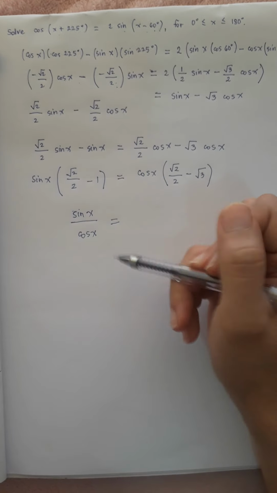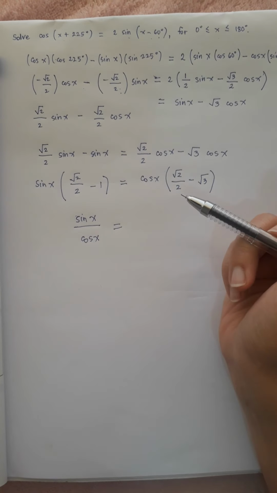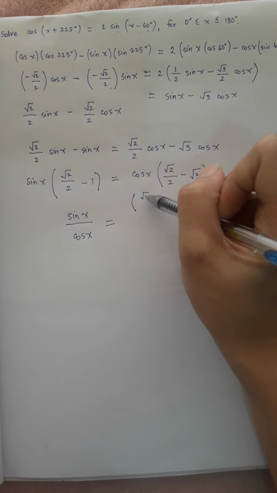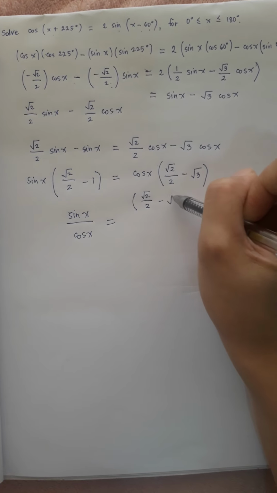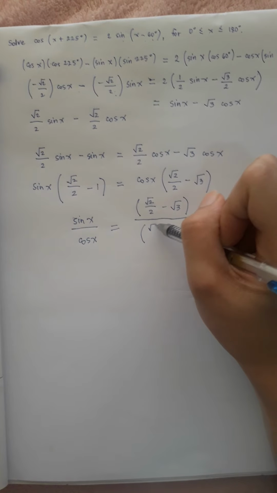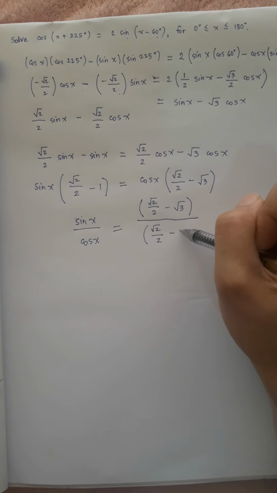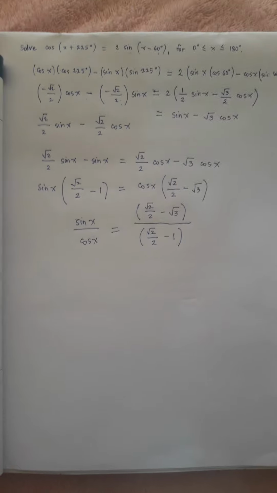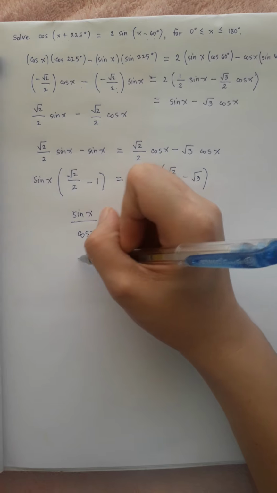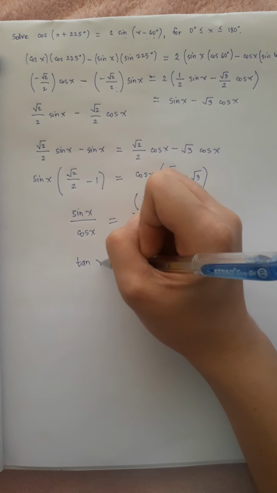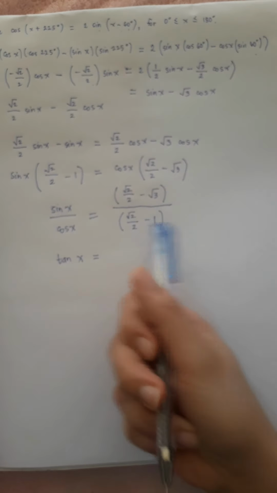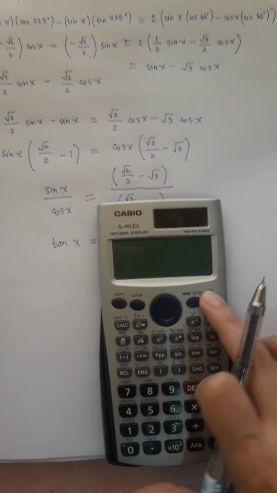The left side becomes sine x over cosine x, and the right side becomes square root of 2 over 2 minus square root of 3 divided by square root of 2 over 2 minus 1. From here, we can now see the tangent x. The value of tangent x will be this ratio, which we can calculate using our calculator.